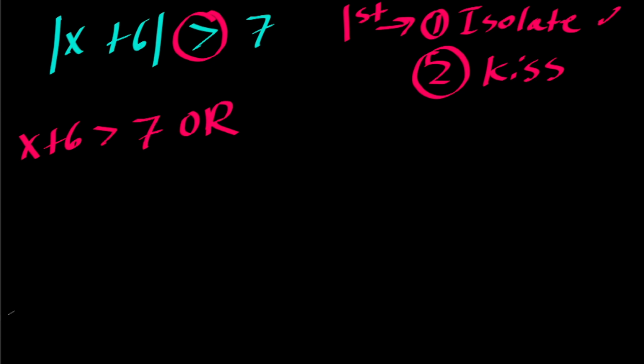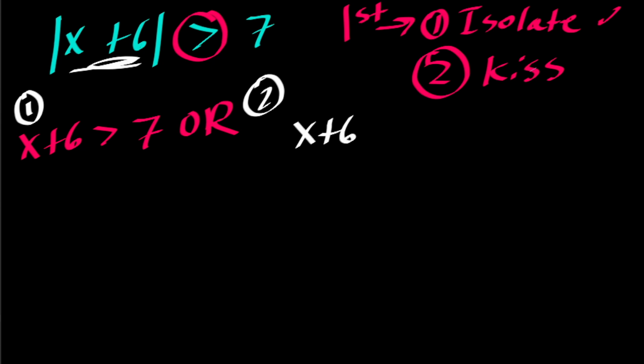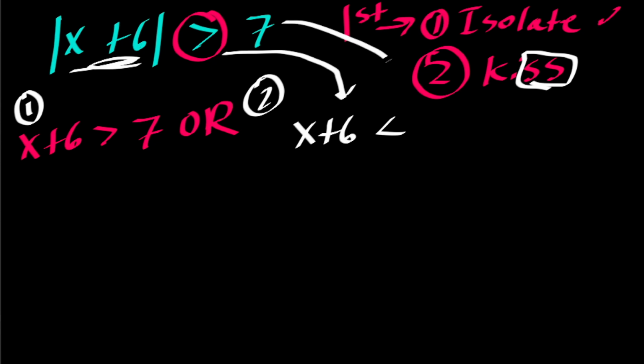So this is case 1 right here. Case 2 is where we actually do the same process, but now we're going to keep the inside, x plus 6, but now this is where the switch part happens. We're going to switch our inequality symbol and flip it to less than. We're going to switch the sign of 7 to minus 7 or negative 7.